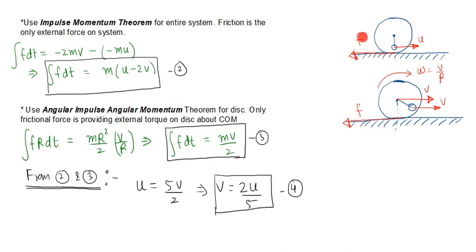Now this F is another unknown here. Frictional force is variable in this problem, so I do not know how it varies with time. So integration F dt represents the net impulse of frictional force on the system, and it will be equal to the change in linear momentum of the system in the horizontal direction.